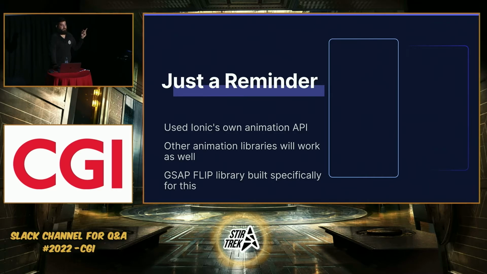I believe they made it free a month or two ago. But essentially all you do is you just say, hey, register this Flip plugin, add it, and anytime you do animations with GreenSock, it'll automatically handle all this layout change, and it's going to use that flip principle behind the scenes.